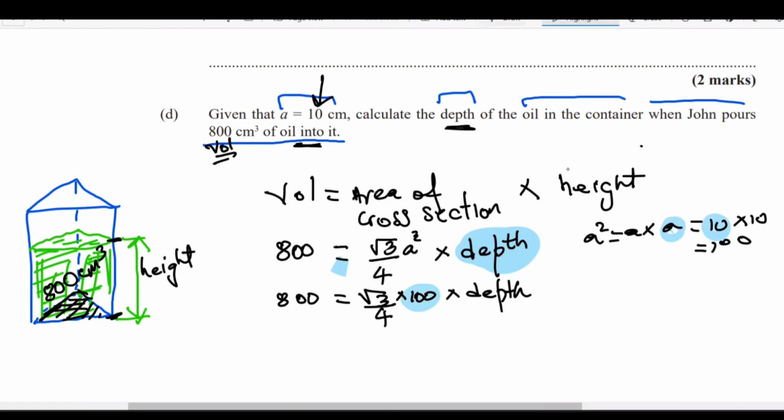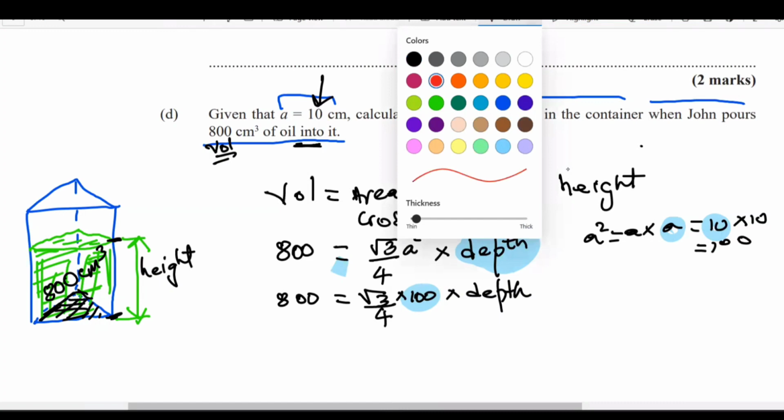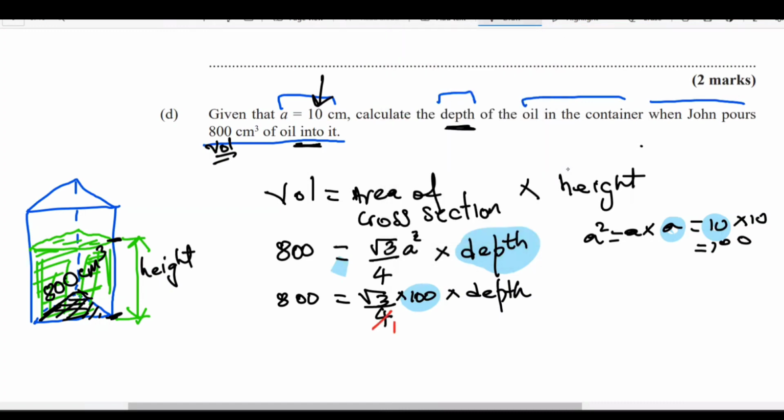But we can do some canceling. Technically, I can do some canceling now, and I will do so. 4 into itself one time, 4 into the 100, that's 25 times. So technically, this is what we have. We have 800, which is equal to, you can say 25 root 3 times the depth.